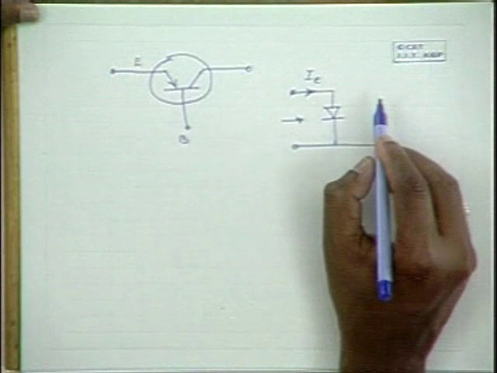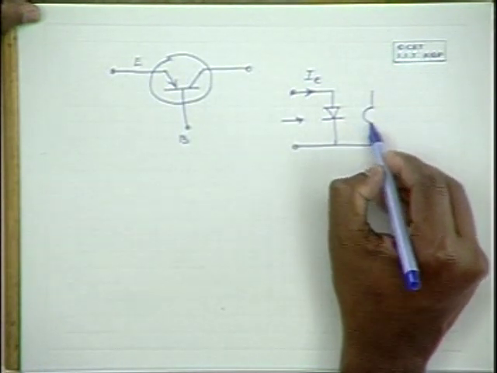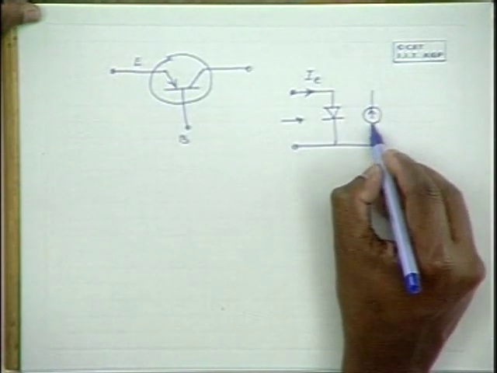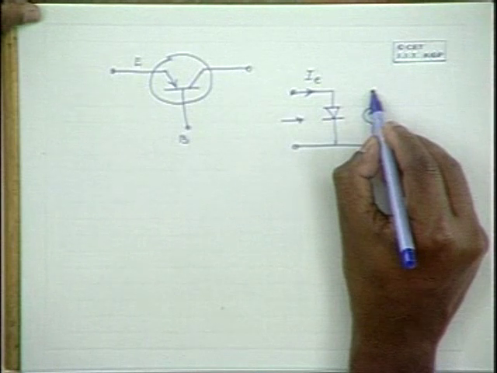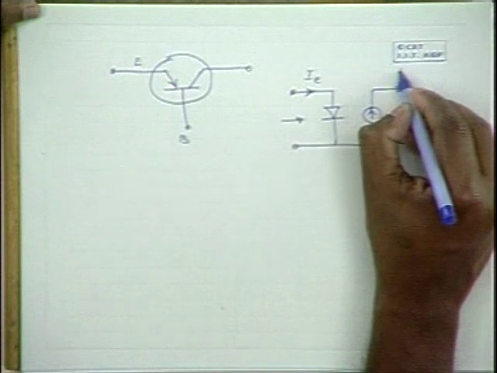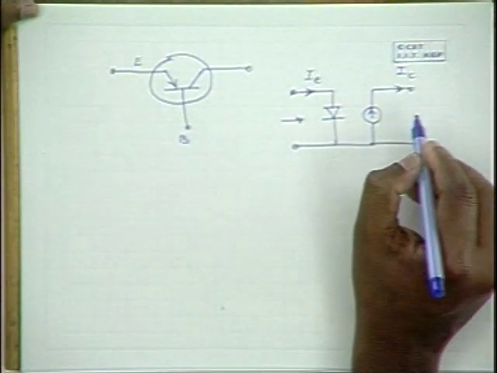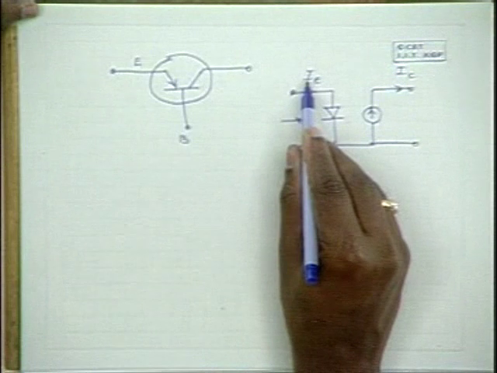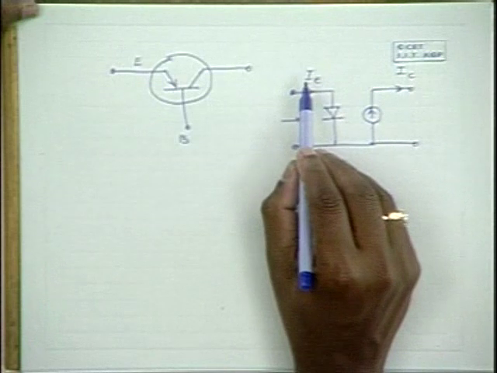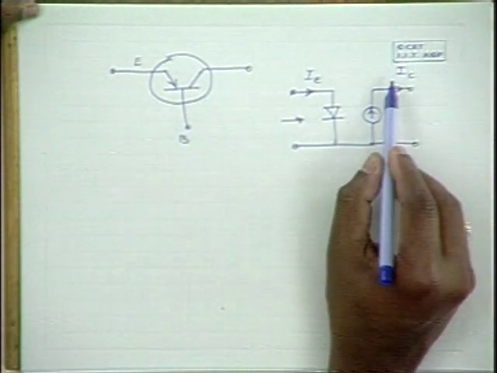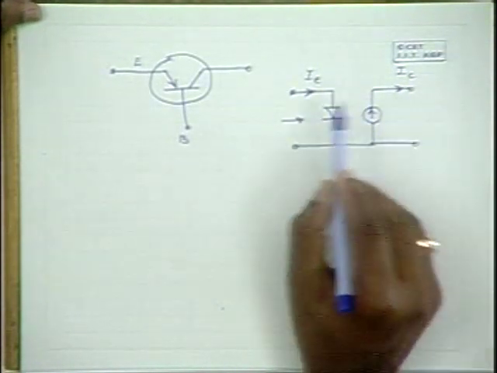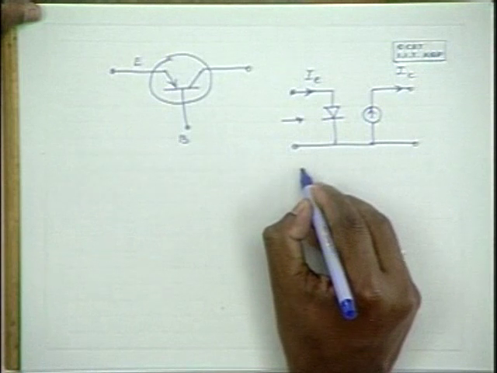Now on the output side, there would be some collector current flowing, and the collector current is almost equal to the emitter current. The base current is 1 by beta plus 1 times the emitter current, whereas the collector current is beta times the base current. Therefore, collector current is beta by 1 plus beta times the emitter current, which is approximately equal to the emitter current itself.